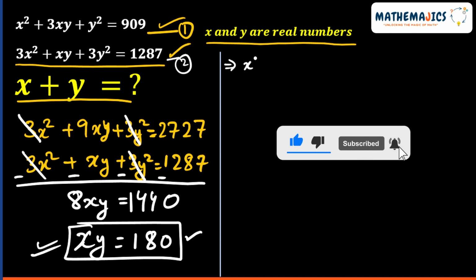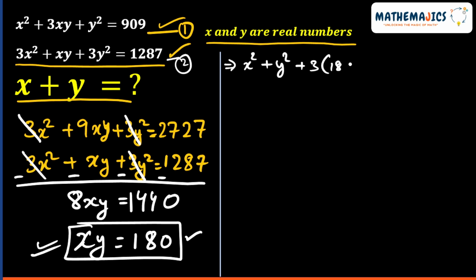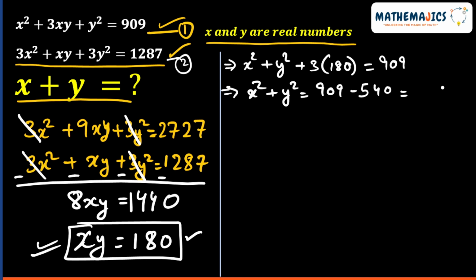We will get x square plus y square plus 3 times 180 is equal to 909. Okay, so that will give us x square plus y square is equal to 909 minus 540, which is nothing but 9 minus 0 is 9, 10 minus 4 is 6, 8 minus 5 is 3. So we got x square plus y square as 369.